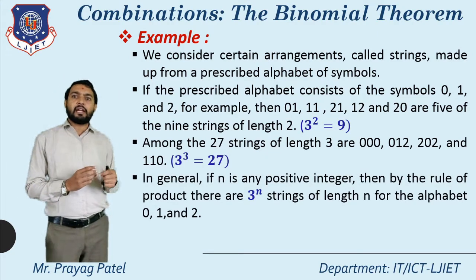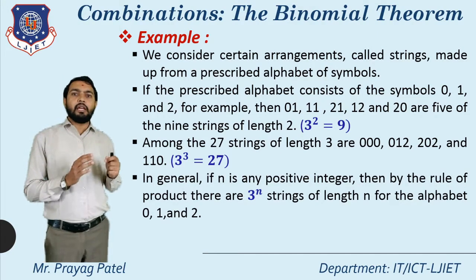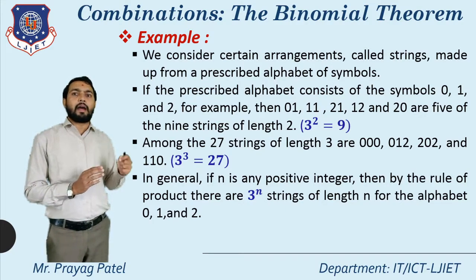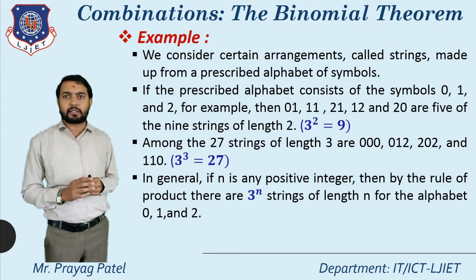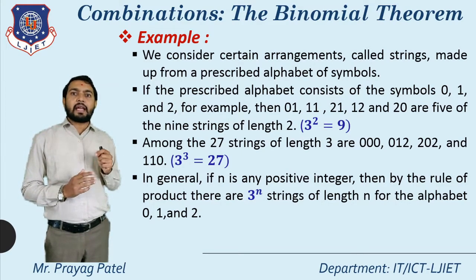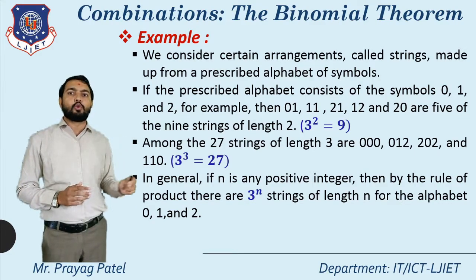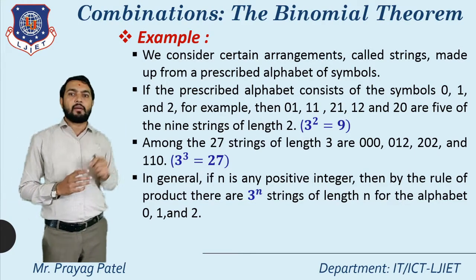Now from this we can conclude that from the available n elements you have to find strings of length 3, length 4, length 2, like this. So in general, if n is any positive integer, then by the rule of product there are 3 raised to n strings of length n for the alphabet 0, 1 and 2. Now here we write 3 raised to n.